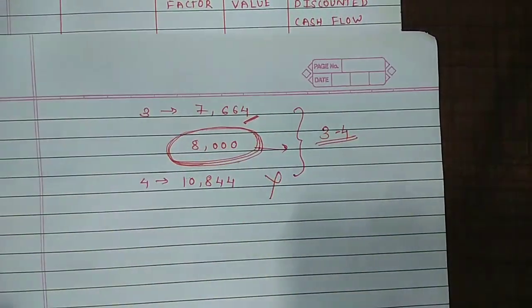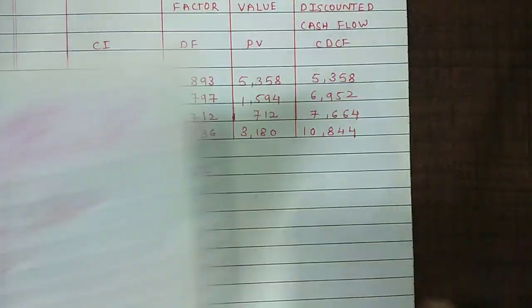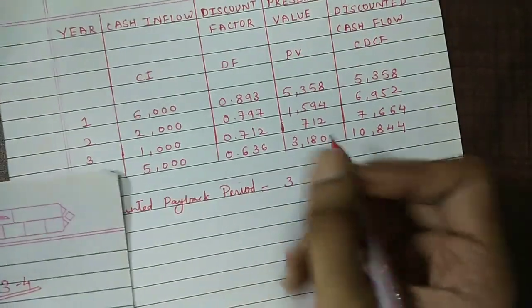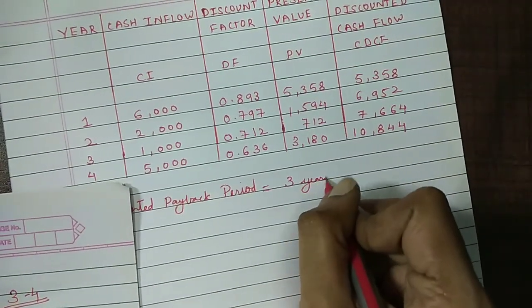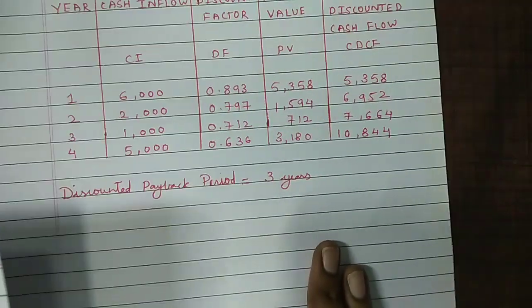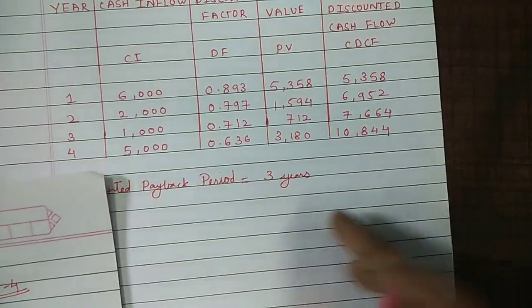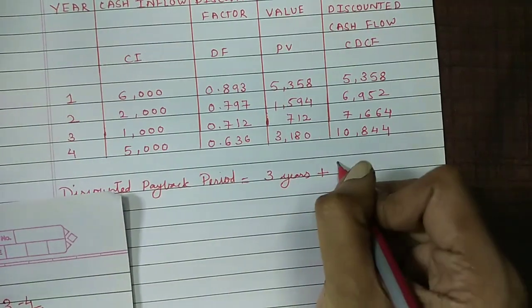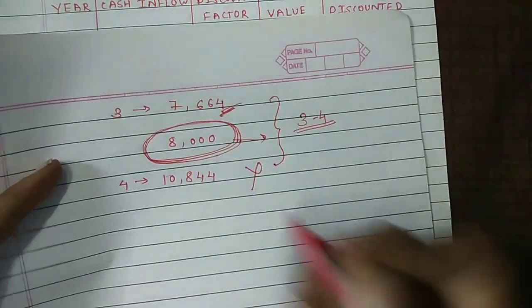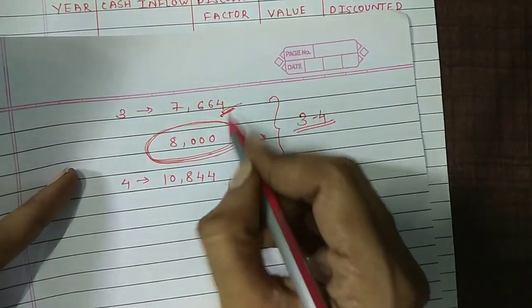So what are we going to do? We are going to write down this 3 years as it is, because definitely the time duration is more than 3 years. So we have written over here 3 years. Then the plus. Now in a bracket we have to write down the difference of this amount.